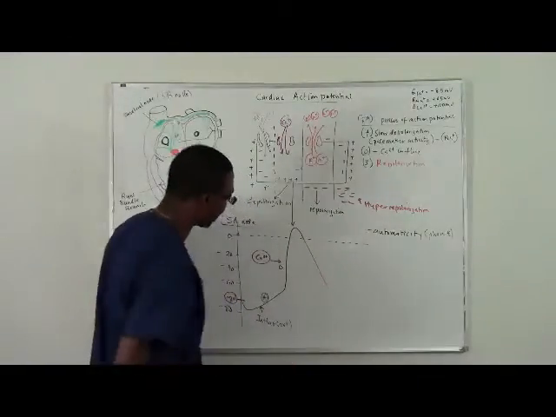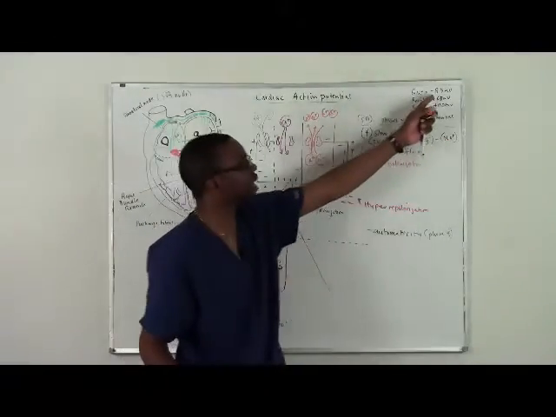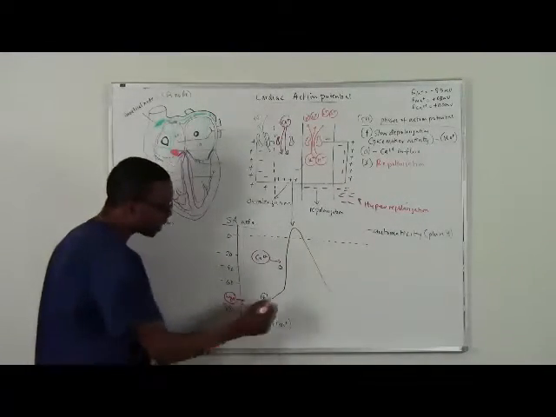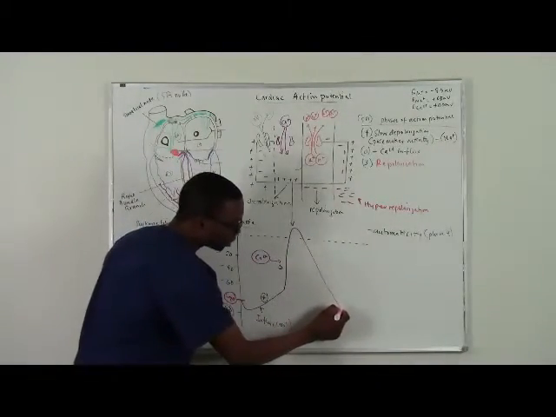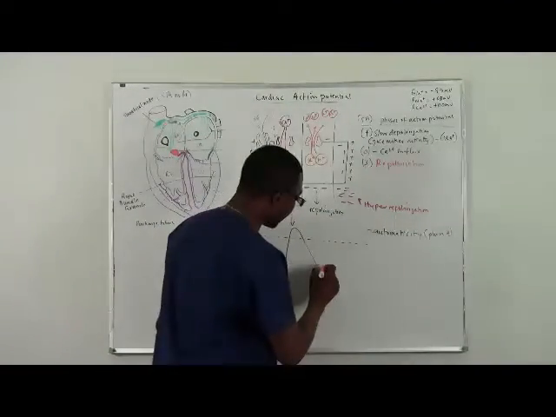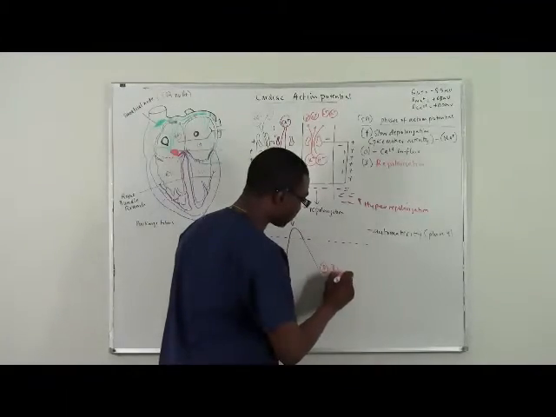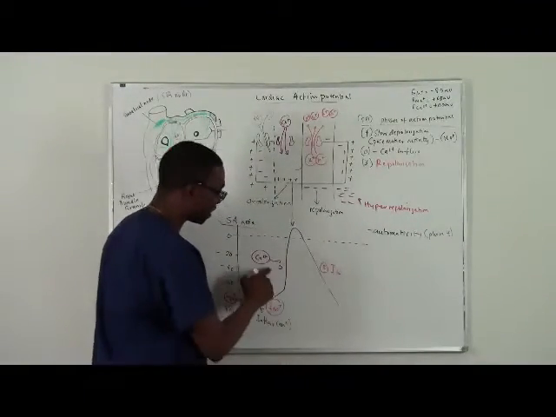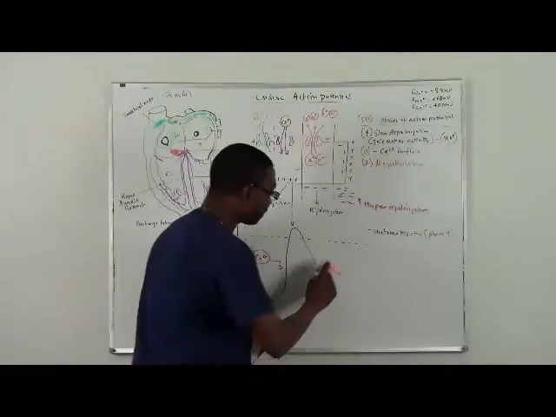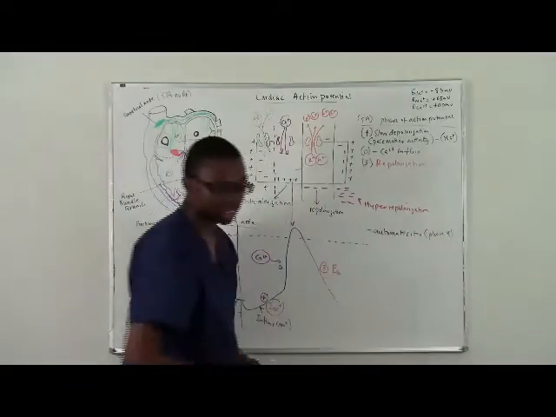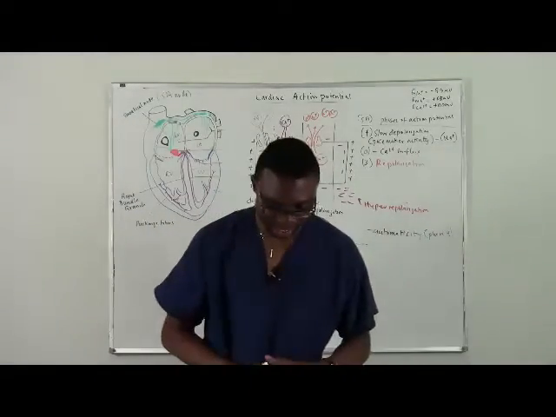As it's dropping down, it's trying to approach negative 85. See that? This is negative 80 right here. It's going to approach negative 85. That is phase 3, the influx of potassium, influx of sodium, and influx of calcium. So this is efflux. I'll call this efflux of potassium outside the cell.